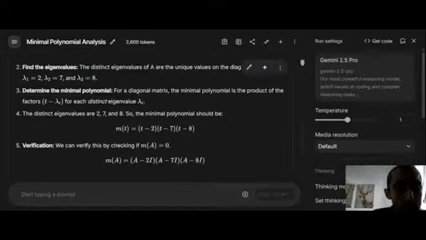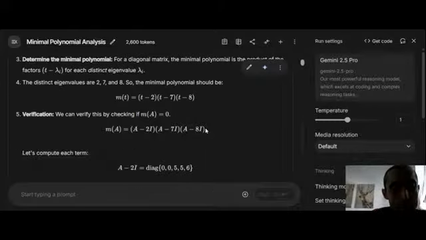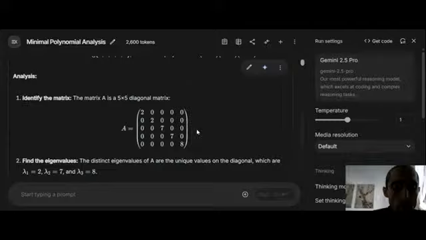So the minimal polynomial of a diagonal matrix must be of this form. You can see t minus eigenvalue 1, t minus eigenvalue 2, t minus eigenvalue 3, and so on, for each eigenvalue. This is the form of the minimal polynomial for a diagonal matrix because it must be diagonalizable by definition. And that's it on the minimal polynomial of a diagonal matrix.